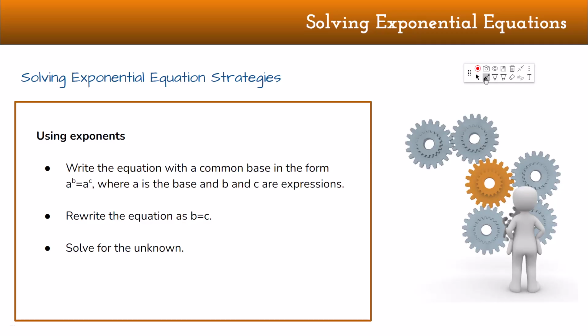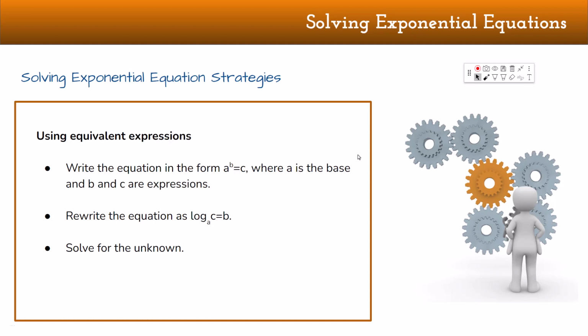So let's sum up some of the strategies that we've gone over so far. The first one is using exponents, where we are writing the equation with a common base so that a to the b equals a to the c, and then we rewrite the equation as b equals c and solve for the unknown.